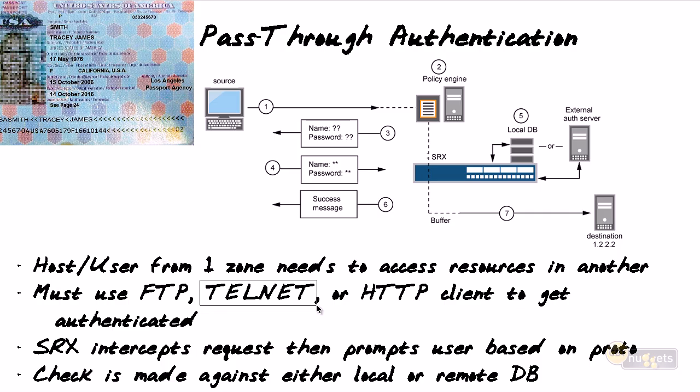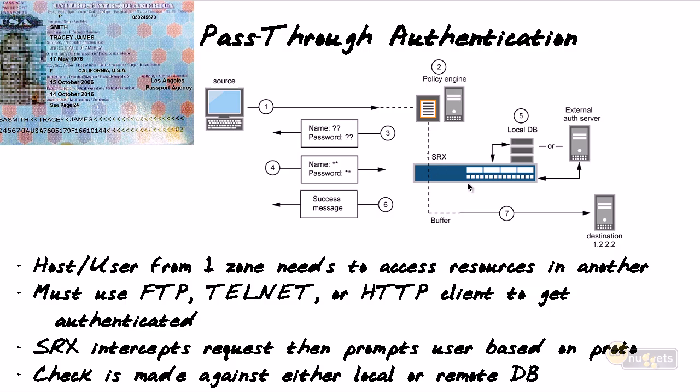Once I was actually able to be authenticated, I was passed through into the particular rack of equipment and servers, and then I could do all kinds of things. Instead of using an SRX, it was using a Cisco router or an access server, but it's the same concept, right? It's the SRX, however, that's intercepting the requests, and then it's going to prompt the user for information.